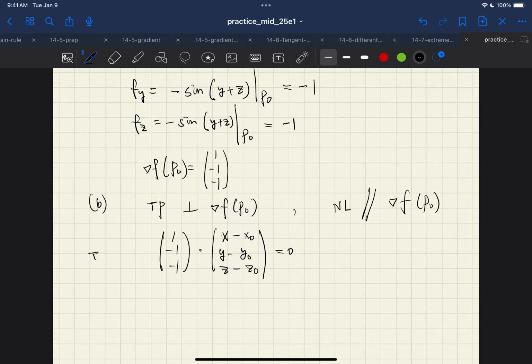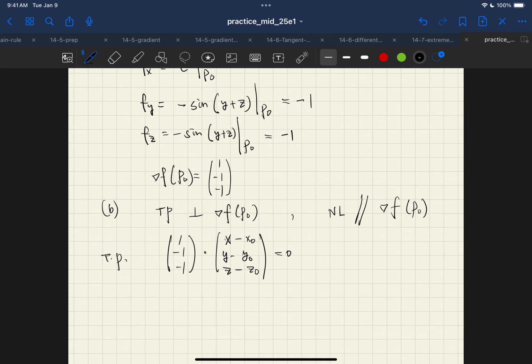This is for the tangent plane. Here x0, y0, z0 are given, so I'm going to replace them by 0, pi/2, and 0.